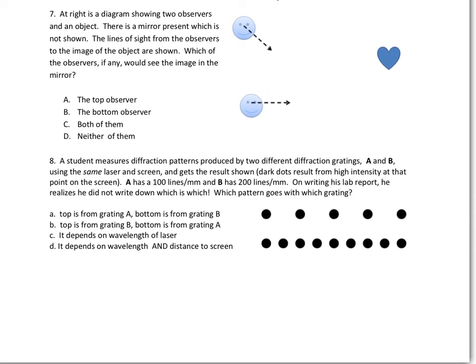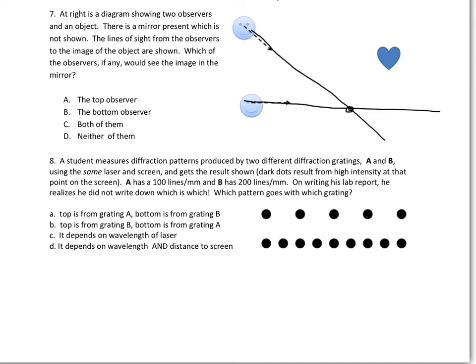Problem 7 gives us two viewers and two observers and an object that they see. Now the lines of sight are to the object, or sorry, to the image of the object. So we can trace back those straight lines, extend those directions to determine where the image of the object should be.